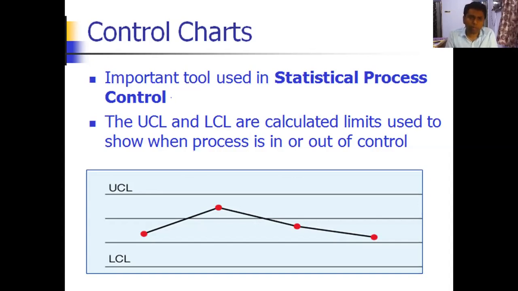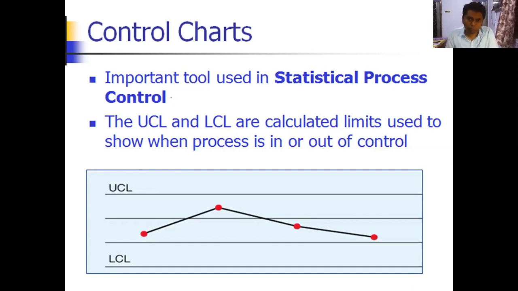For example, there are control charts for variables and control charts for attributes. Different types of control charts are there, and usually from the target value we prefer the 3 sigma level, 3 standard deviations, to find our upper control limit and lower control limit.